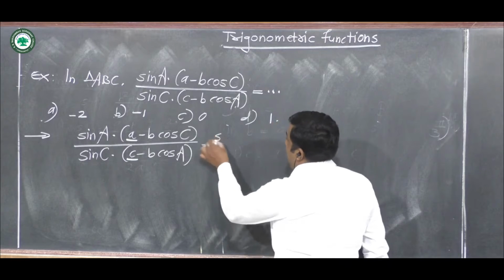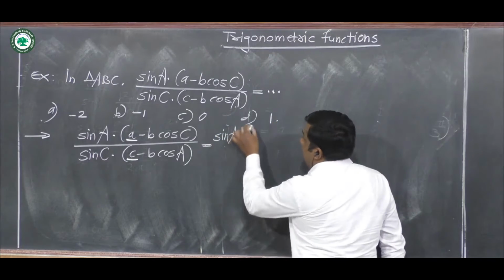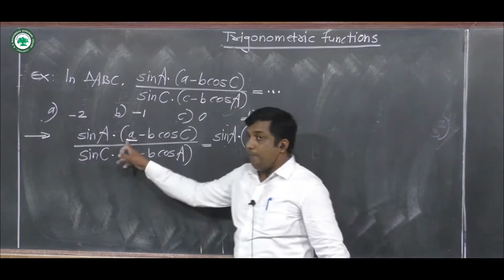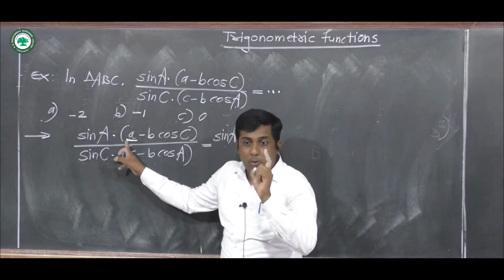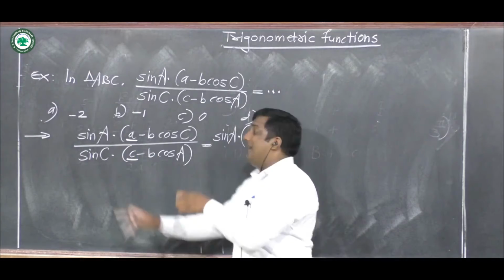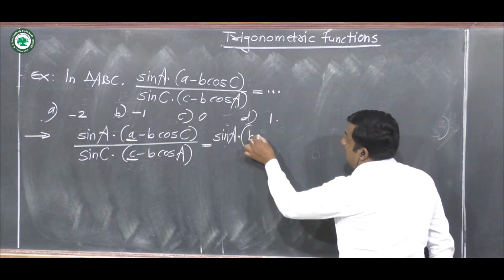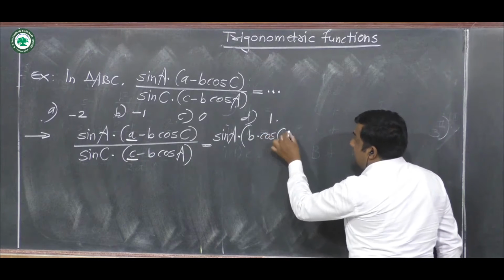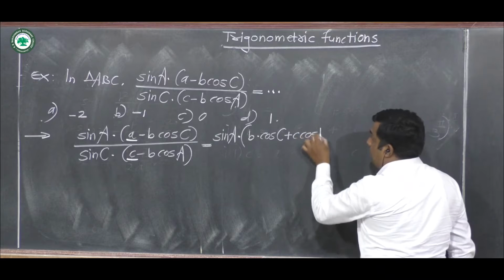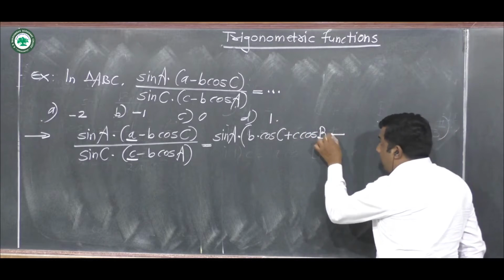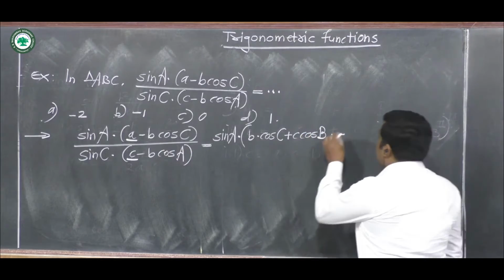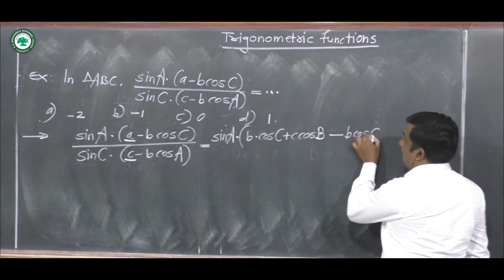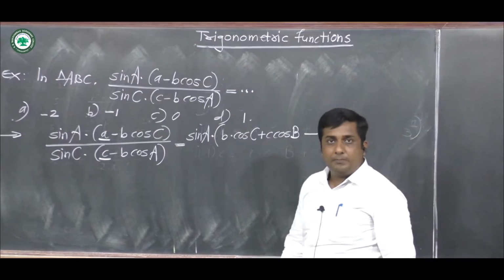So in the next step, I write sin A into, we know A from the projection rule is B cos C plus C cos B. Then with a minus sign, the third term is B cos C. This bracket is complete.